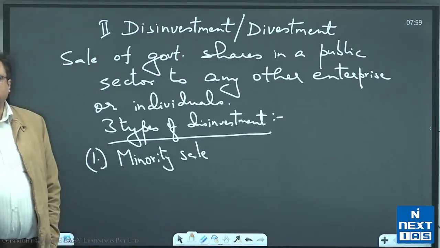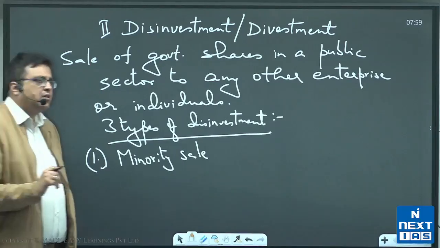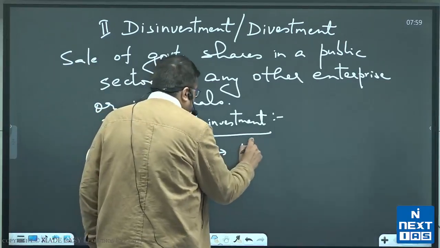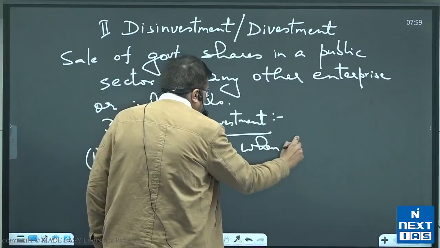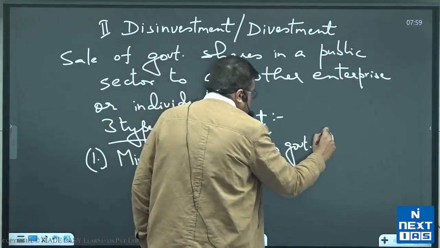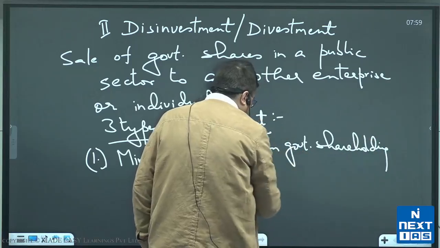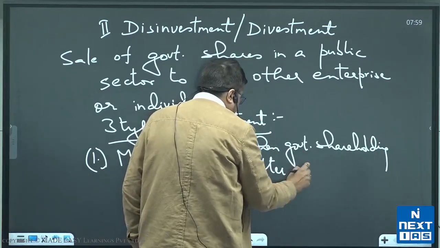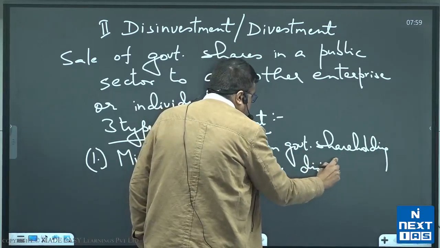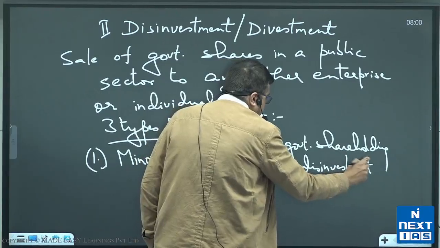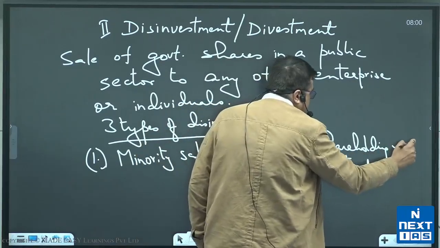Now, minority sale is when government shareholding after disinvestment is still greater than 74%.